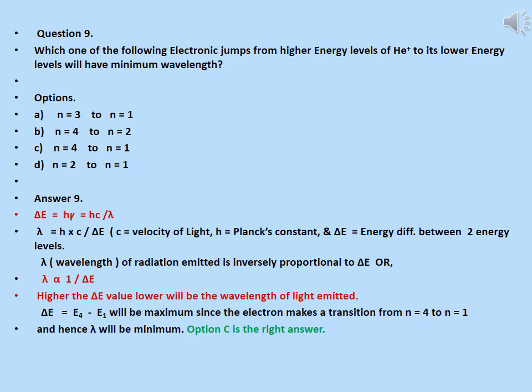For this, we make use of the expression ΔE = hν, where ν is the frequency of light radiation, h is Planck's constant, ΔE is the energy difference between the two energy levels, c is the velocity of light, and λ is the wavelength of light emitted.